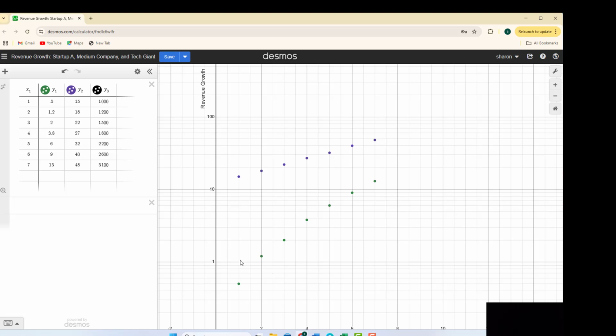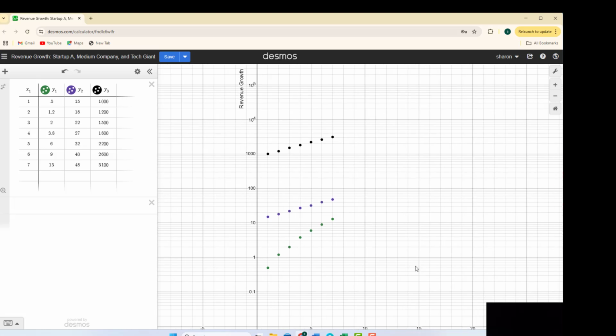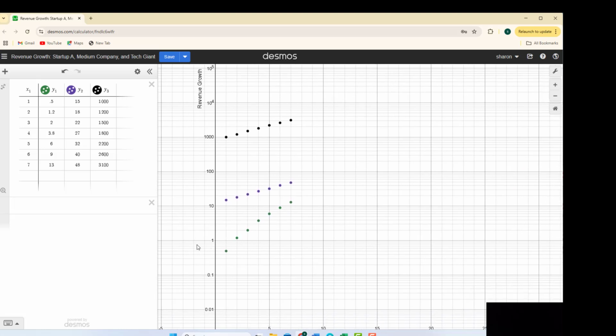What we've done is convert the y-axis with the help of Desmos. We didn't actually use a calculator. And now we can see all 3 companies compared on the same graph, and we can begin to make relative comparisons about how they changed over the course of 7 years.